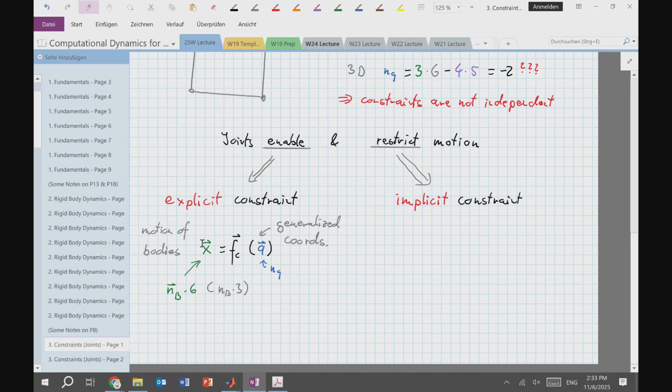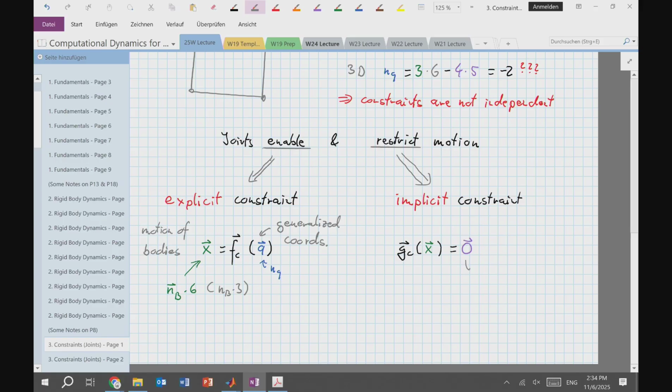The implicit constraints look different. There, I take a function gc over this variable x. So gc is my implicit function. And then I ask for the result of this function to be equal to 0.